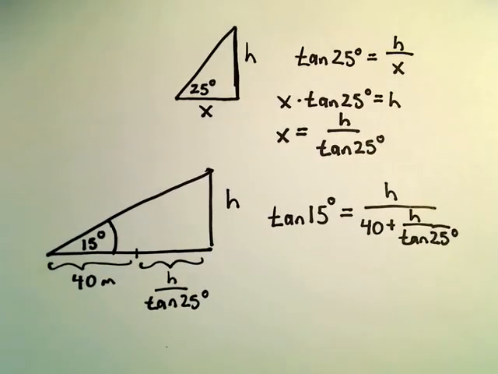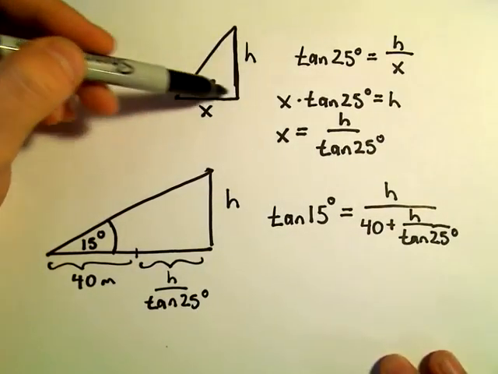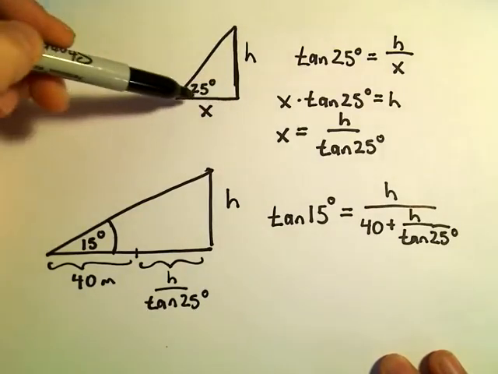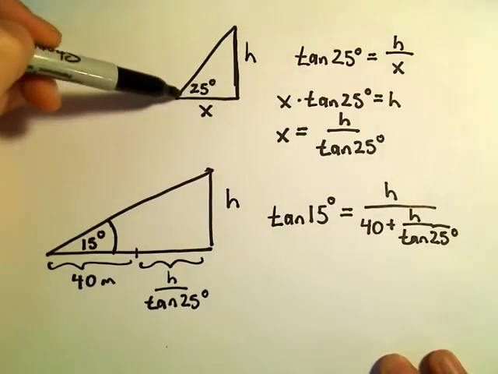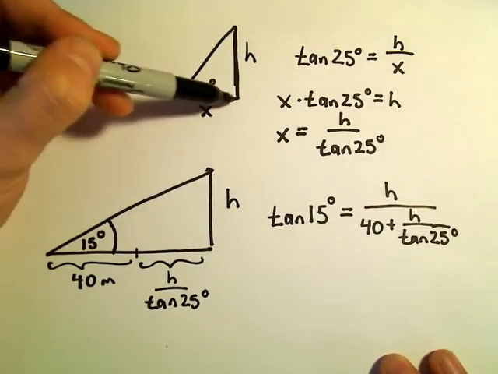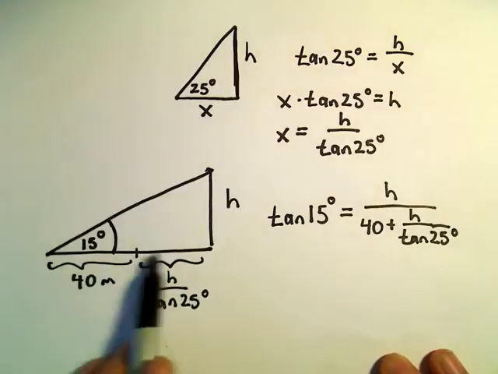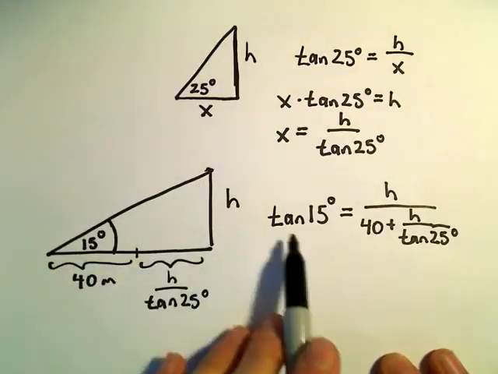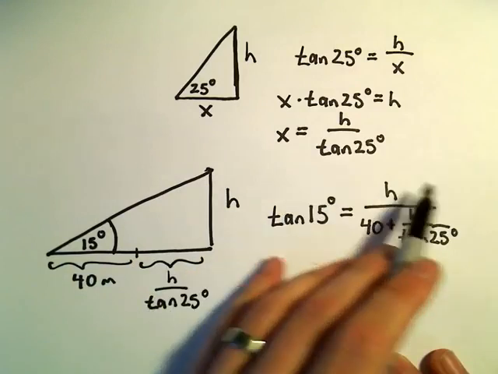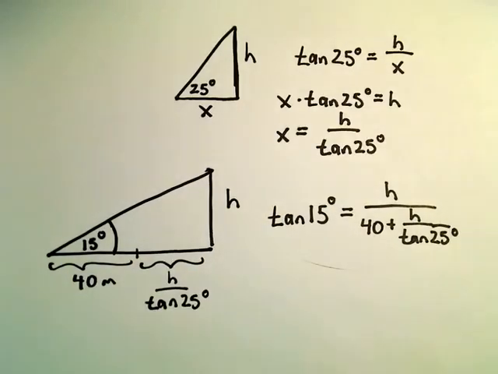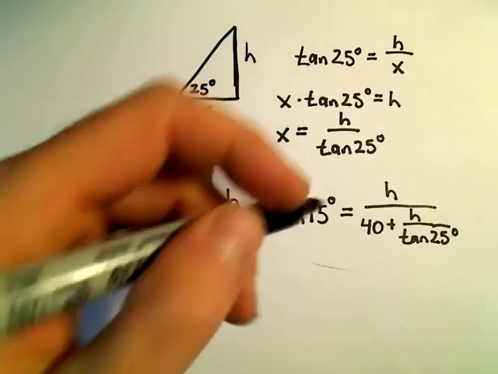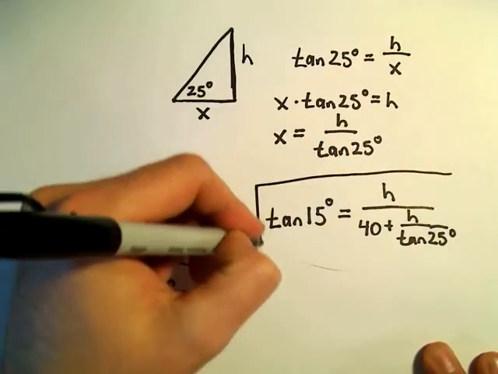All we're really doing is using tangent a couple of times. We figured out the width of the small triangle, and now we're using the big triangle to create an equation that involves h. So at this point, a little bit of algebra, we simply have to solve this equation.